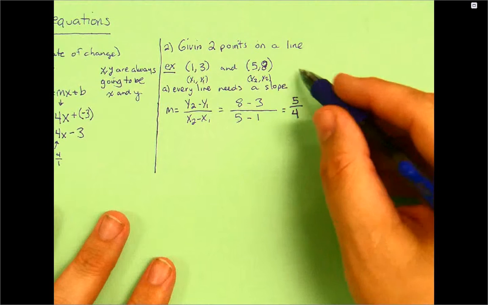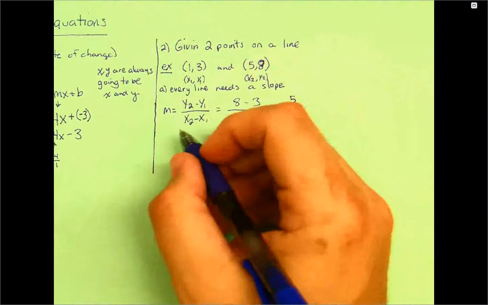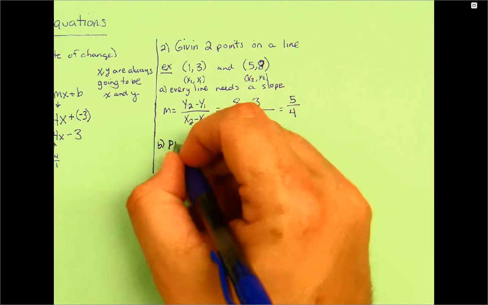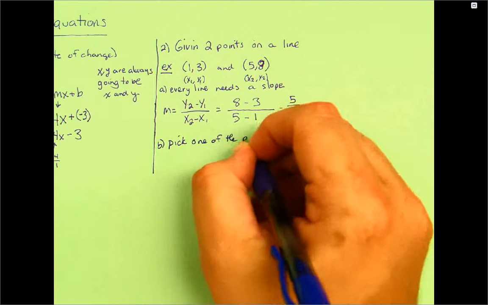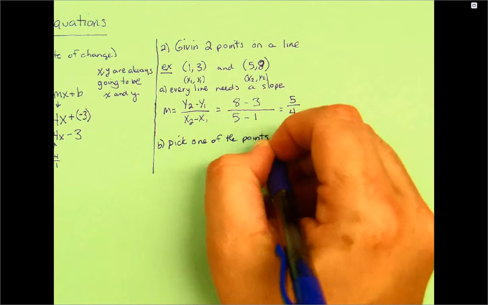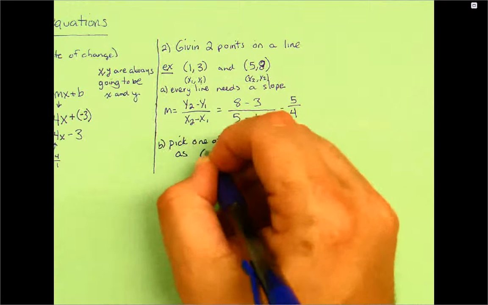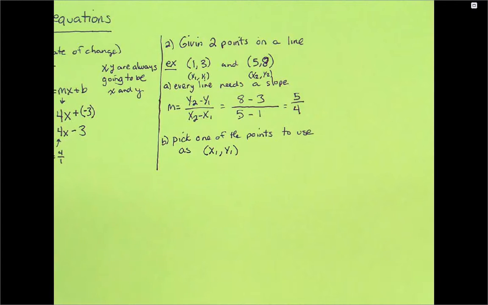Now, part B. Pick one of the points to use as x1, y1. There are 2 points. I would always say pick the easiest one.